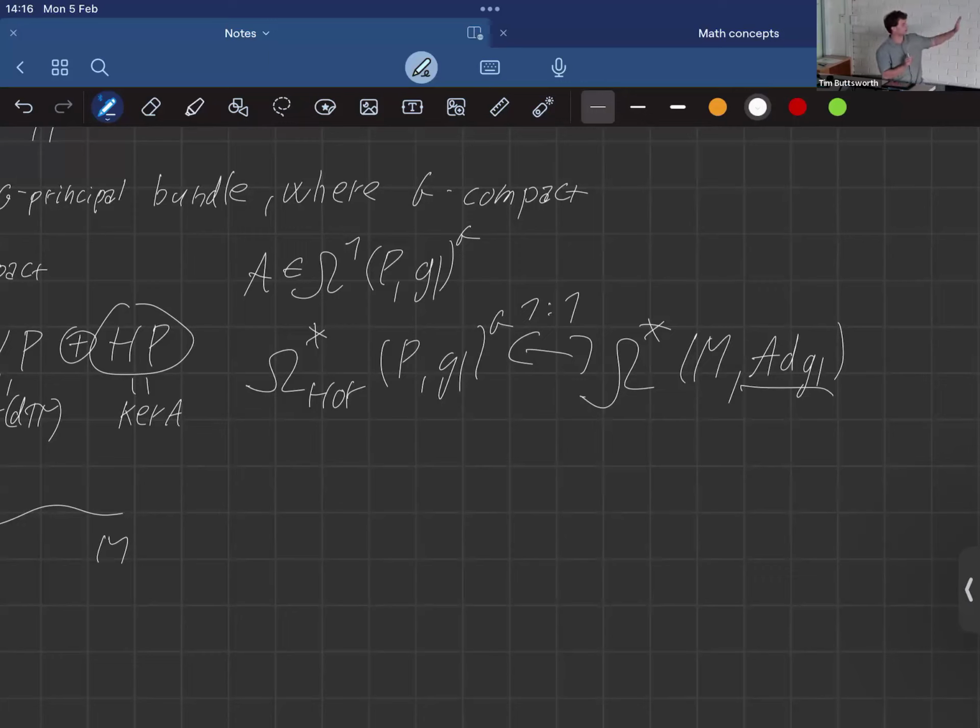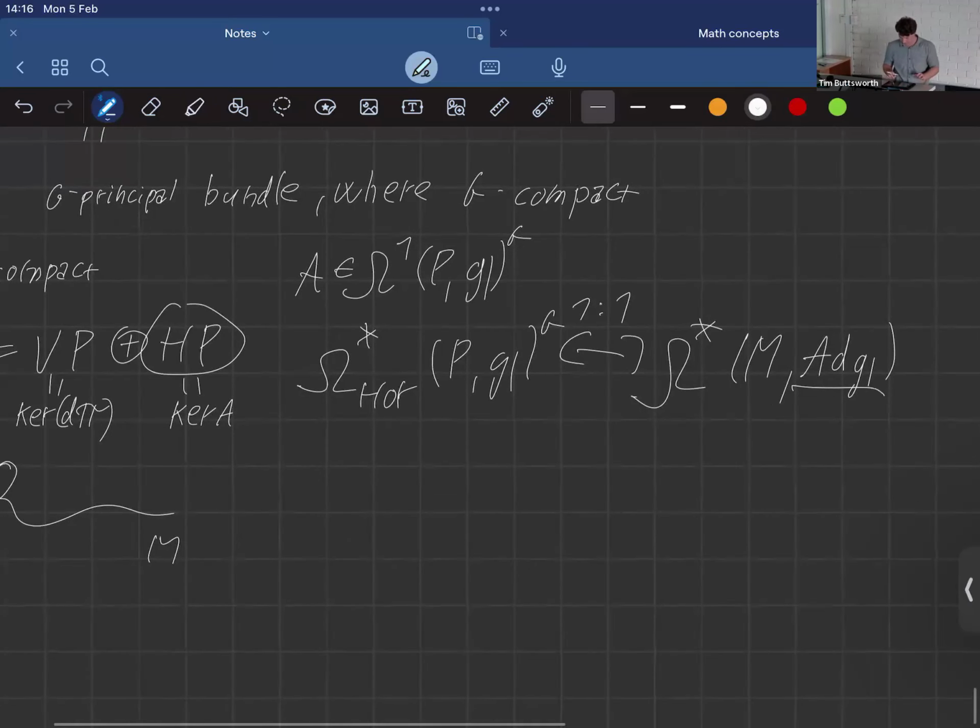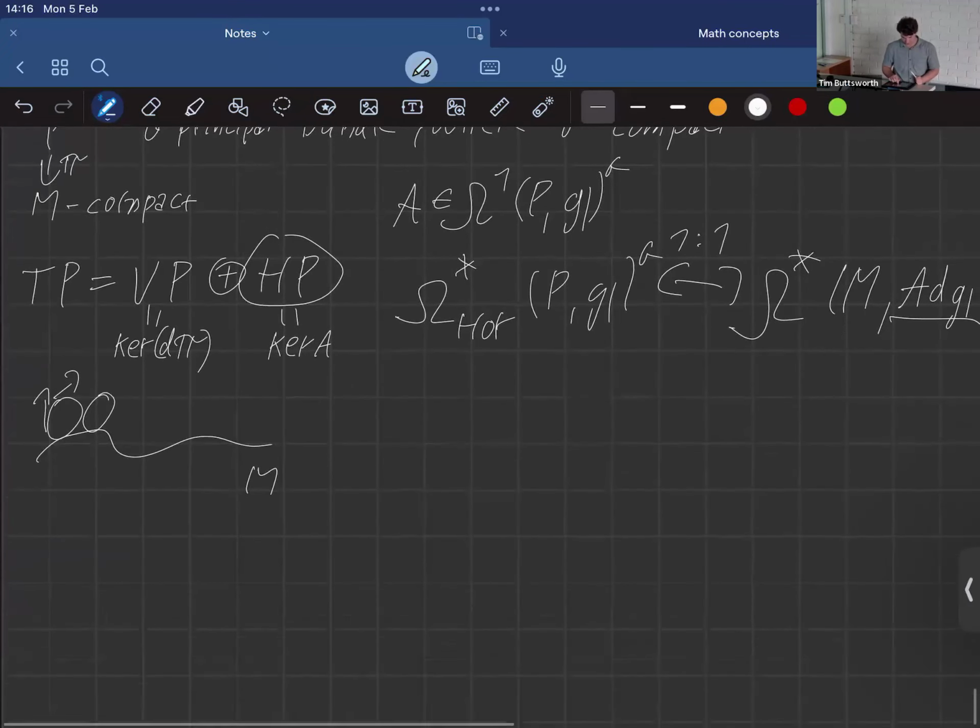Really, you can just put the algebra g there. It works almost fine, and on trivial bundles it's the same. So this is an important correspondence, and it's going to be important later.